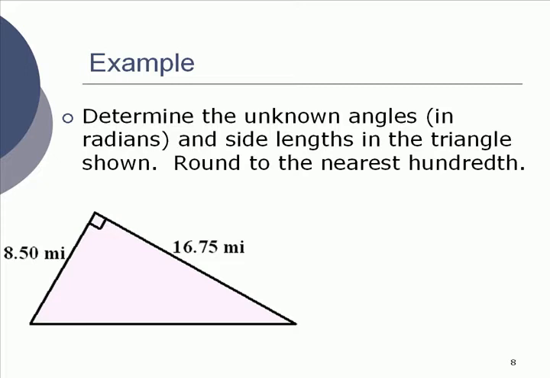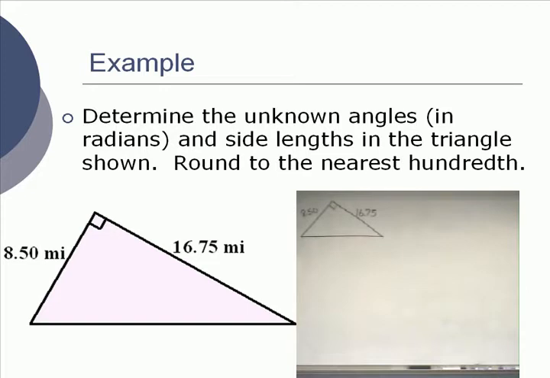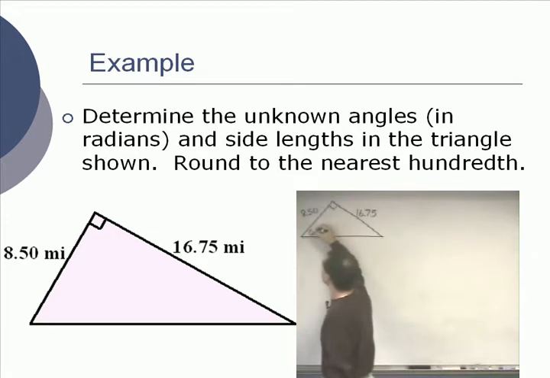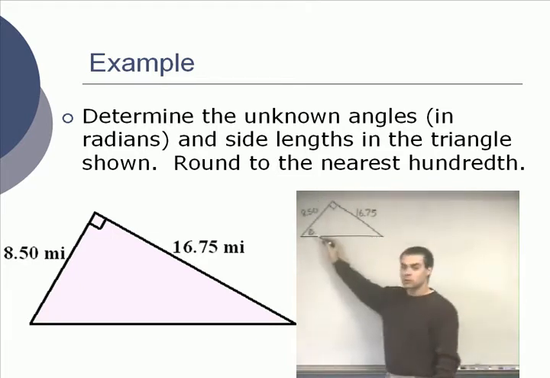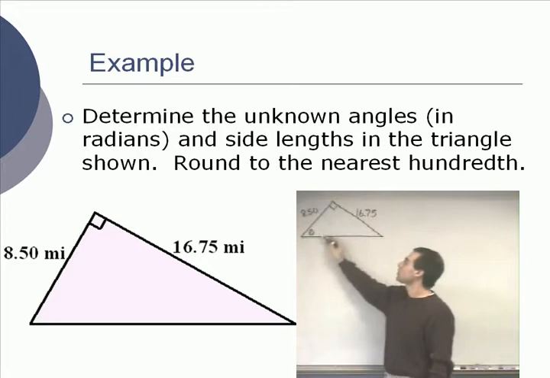We've got another right triangle here. We want to find the unknown angles and the unknown side. Okay, we've got to pick an angle as our reference. Let's just choose the one on the left. Now, to find that angle, what trig function do we have to use based on what we're given here? Got to use tangent because we know the opposite and we know the adjacent.